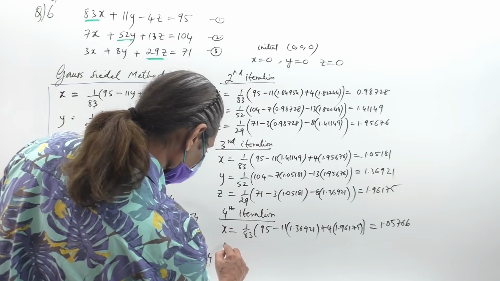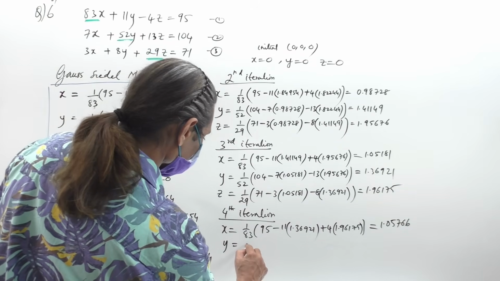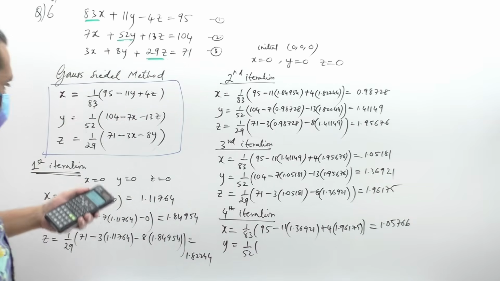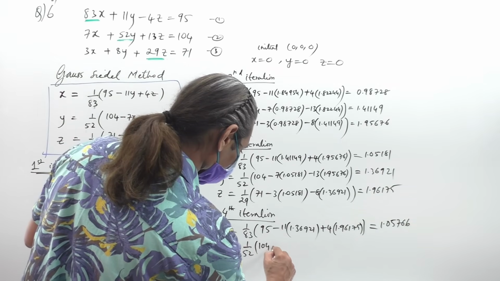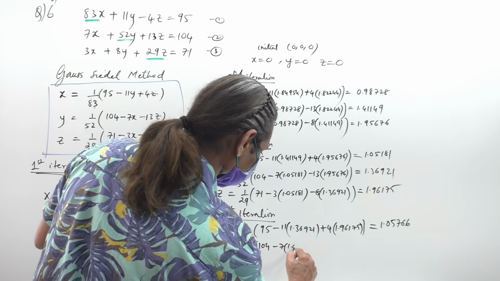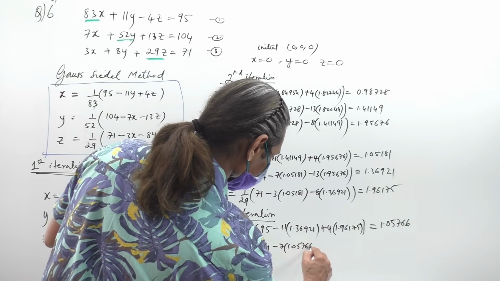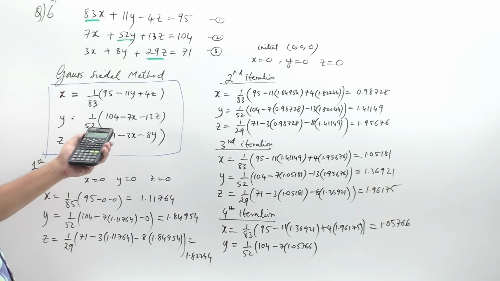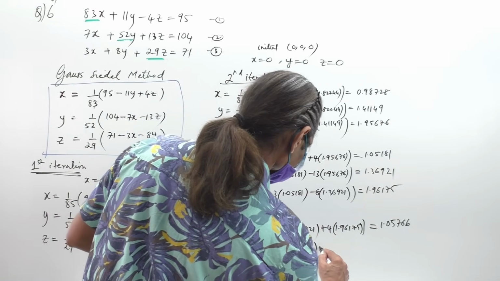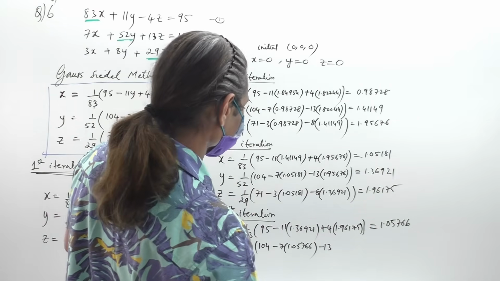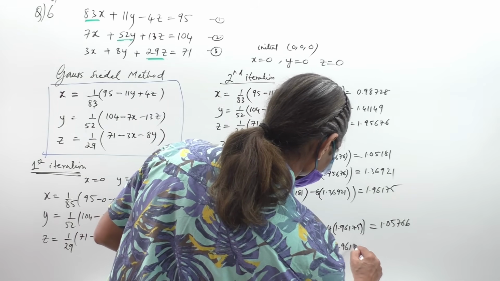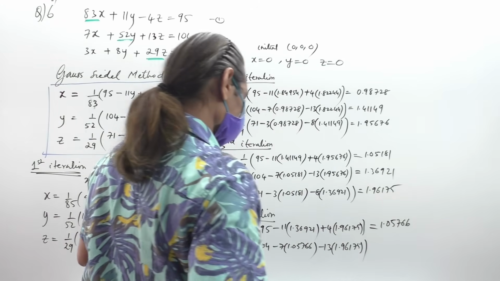Similarly, y will be equal to now 1 by 52, 104 minus 7 into x, which is 1.05766, and minus 13 into, what is z? Z is 1.96175. Okay.